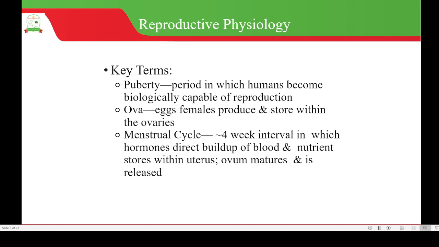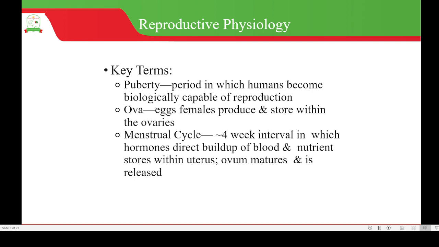Let's briefly look at reproductive physiology. Some of the key terms we are going to encounter are puberty, and this refers to the period in which humans become biologically capable of reproduction. The ova refers to the eggs that females produce and store within the ovaries.